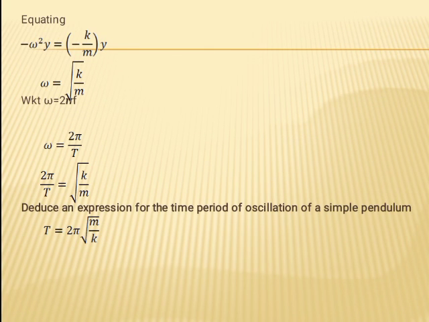In the next class, children, I would be deducing an expression for the time period of oscillation of a simple pendulum, which is very important, and you would get it for 5 marks.